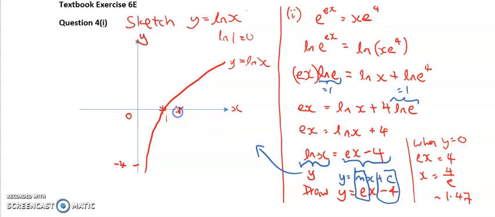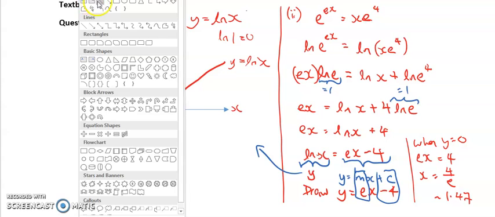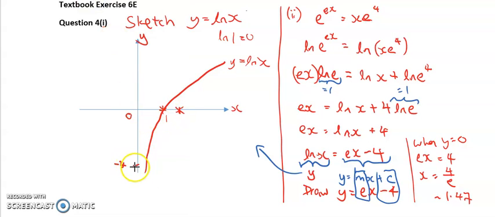To form a straight line, we connect these 2 points and draw a straight line through, such that you see how it intersects with the curve from part 1.